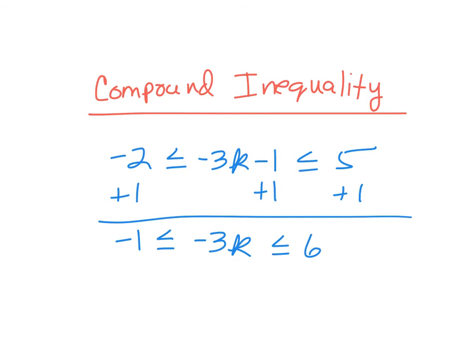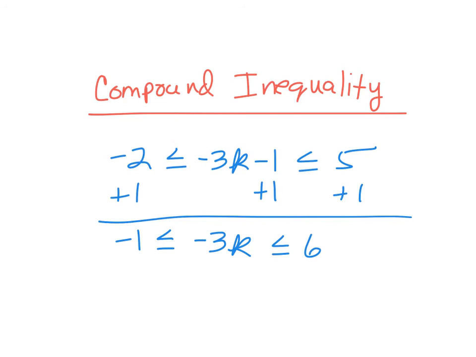So Hannah, what's my next step going to be if I'm trying to get the k by itself? Add 1? If I add 1, that's going to put me right back where I was, with a plus 1 here with my negative 3k. I want to get the k by itself, so what do I have to get rid of?